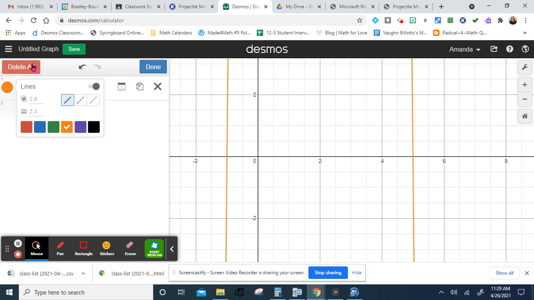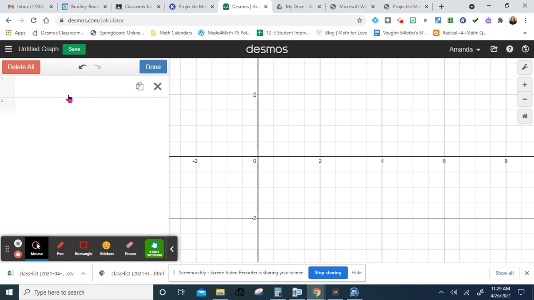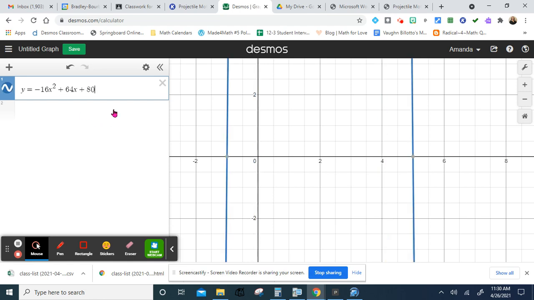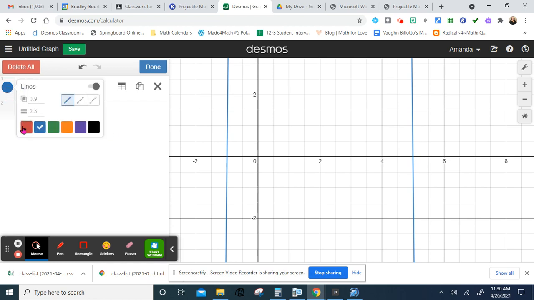You can change the color if you want, if the blue is hard to see. Y equals negative 16 x shift 6 squared arrow key plus 64 x plus 80. If you hit settings and then go to the dot, you can change the color.